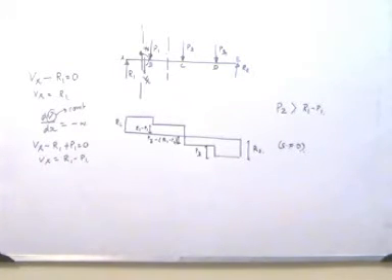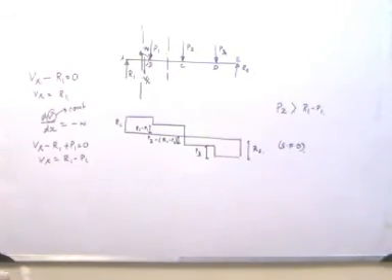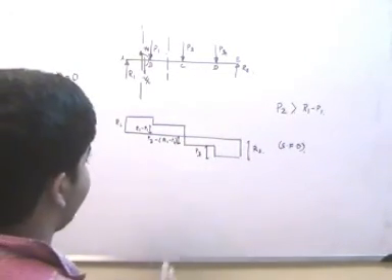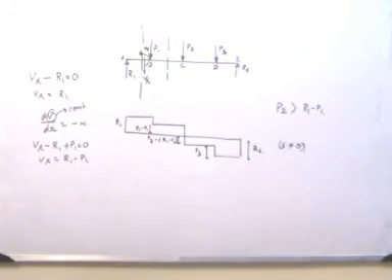The second observation is that there will be a point wherein the shear force has a change of sign, and this point is defined by C. The implications that this point has on the shape of the bending moment will be studied once we draw the bending moment diagram just after this.